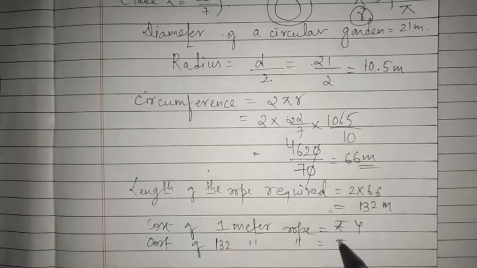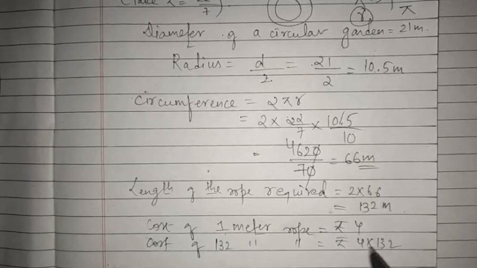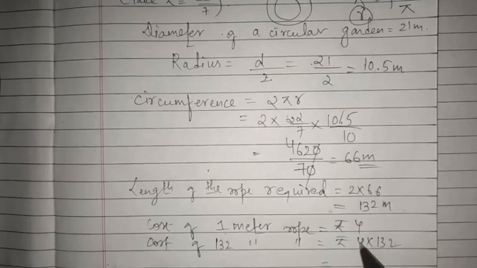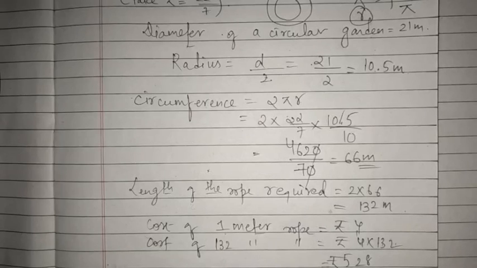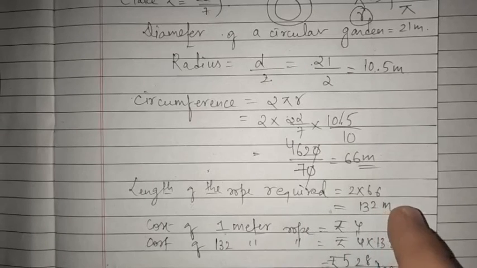Of course, rupees 4 into 132. Now multiply this: 4 2s are 8, 4 3s are 12, 4 1s are 4, 4 plus 1 is 5. So rupees 528 is what he has to pay to get this length of rope.